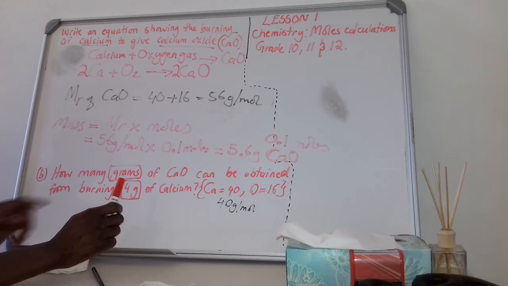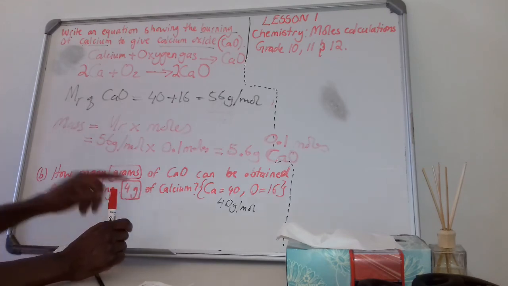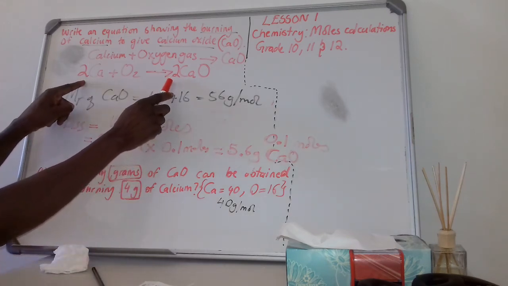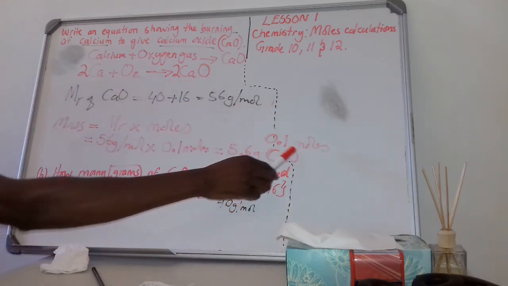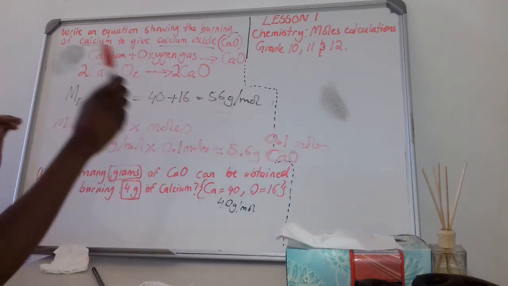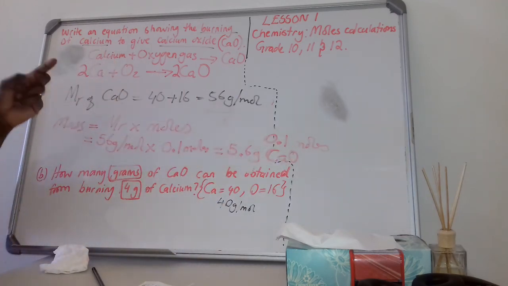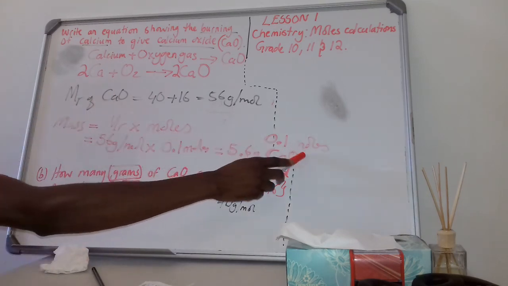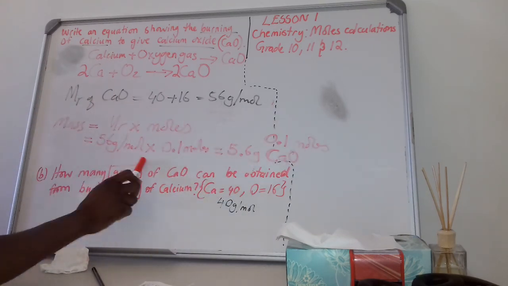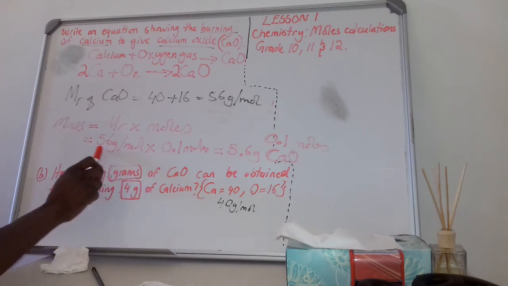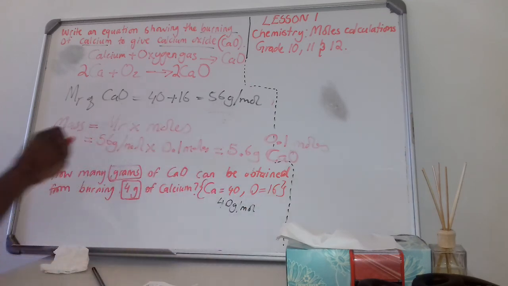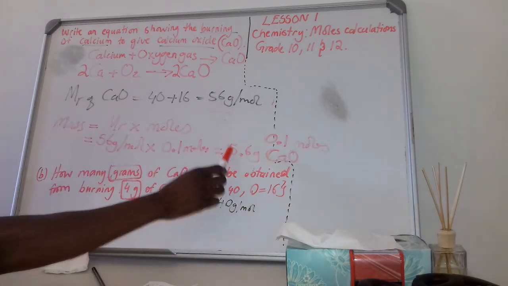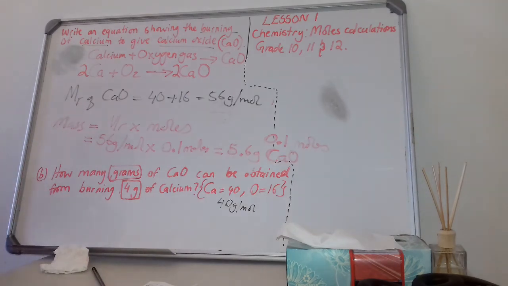First, I convert it to the moles of calcium and use the balanced chemical equation to figure out the number of moles for calcium oxide, which is 0.1. Then I work out the mass of calcium oxide using the moles I got earlier times the molar mass of calcium oxide. How did I get the molar mass? You just add up these two numbers: 40 plus 16 gives us 56. You multiply 56 by 0.1 and you get 5.6 grams of calcium oxide.